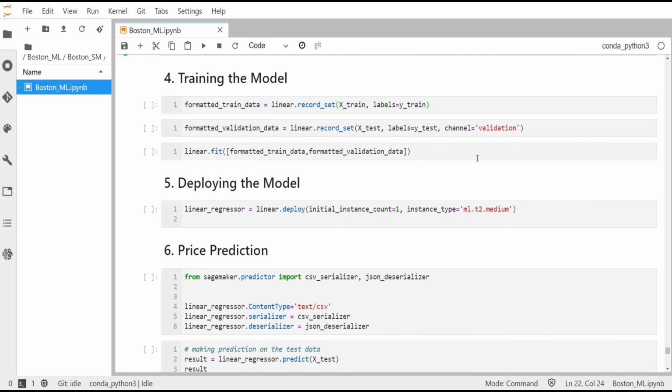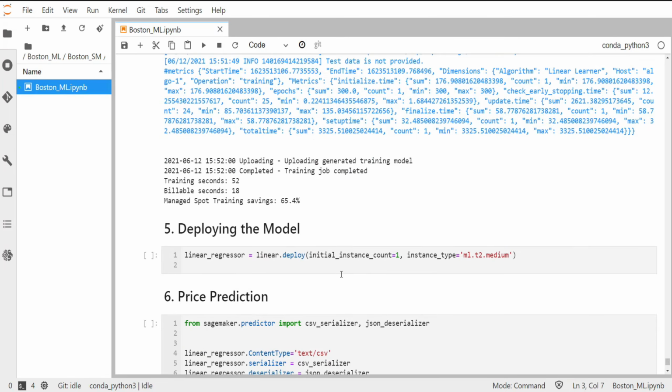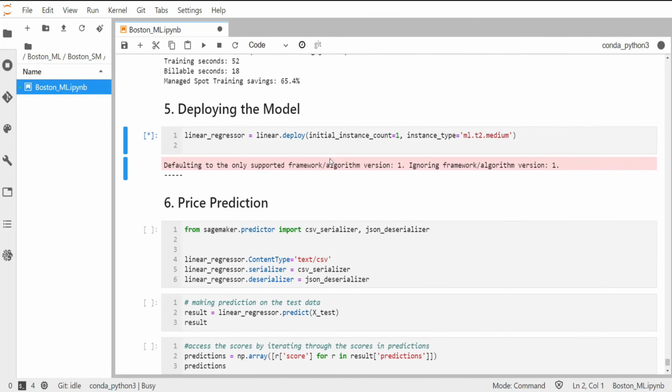Then we have the formatted validation data record set, which has defined channel as validation and contains xtest and ytest as arguments. Let's create our training job, and once we run these cells, the training job will start and we will have our model ready to be deployed. Now I have run this cell. So now our model is deployed and the endpoint is created.